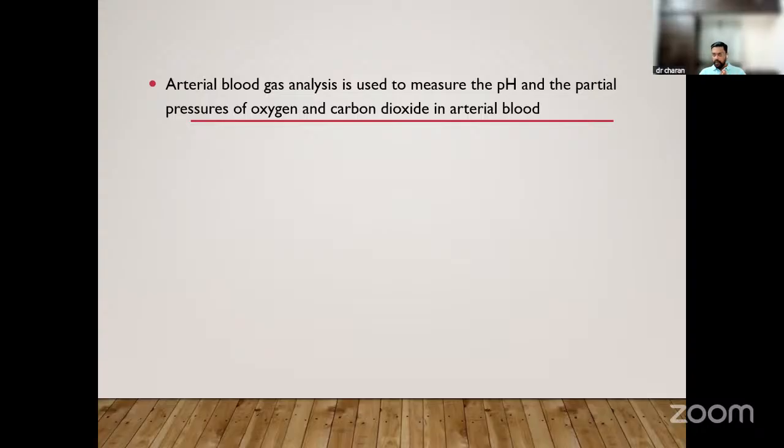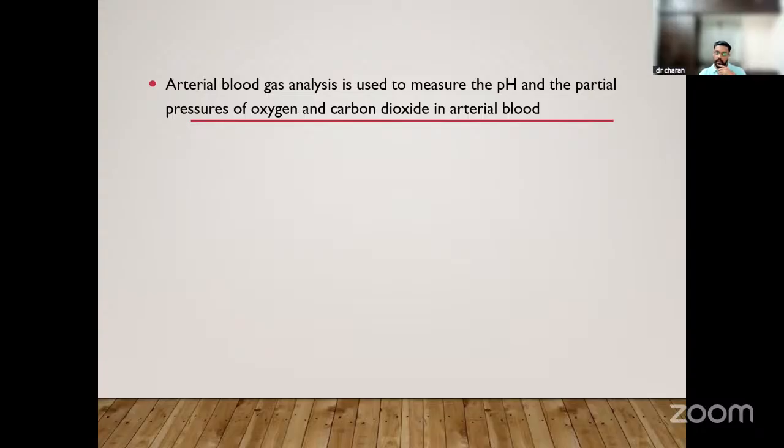So what we are trying to do in analyzing your arterial blood is to see what the gases in it are, what the pH is, what the different electrolytes in the blood are, and how well your body is in the state of homeostasis, or how deranged this homeostasis is. Based on the derangement, you decide on your treatment to bring it back to normal.